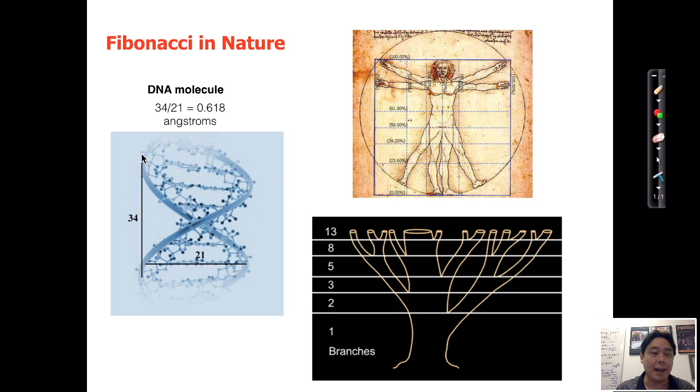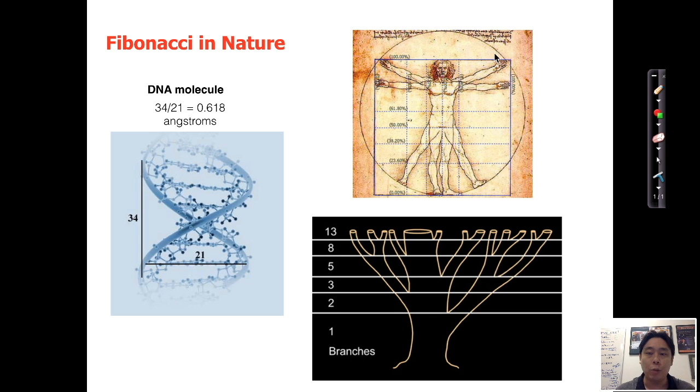And if you were to take the length of the DNA, which is measured by angstroms, you take 34 angstroms, divide by 21, you get 0.618, the golden ratio. So even our very DNA is ruled by this golden ratio.